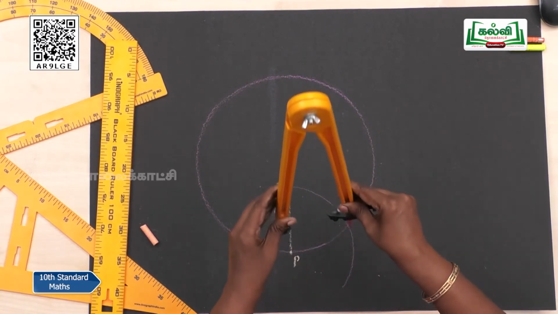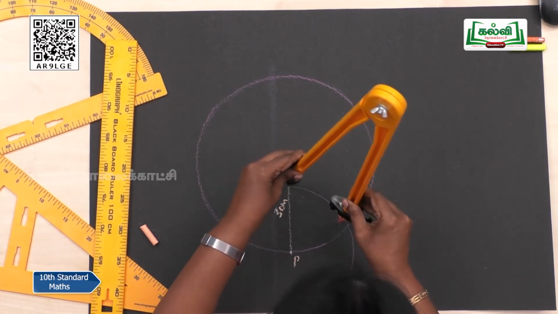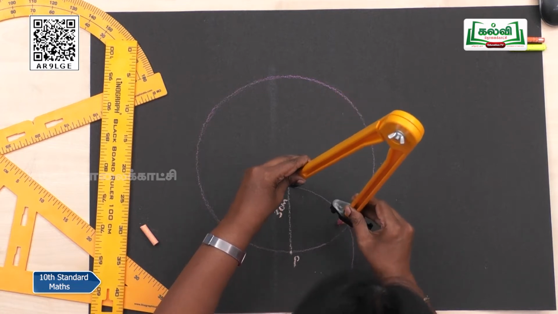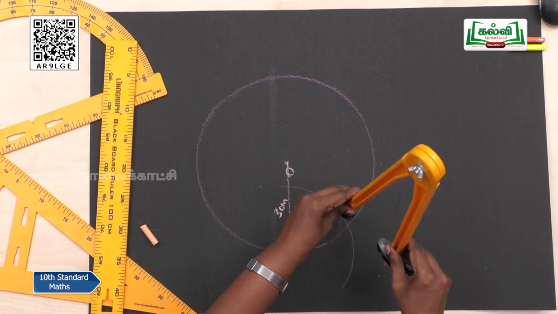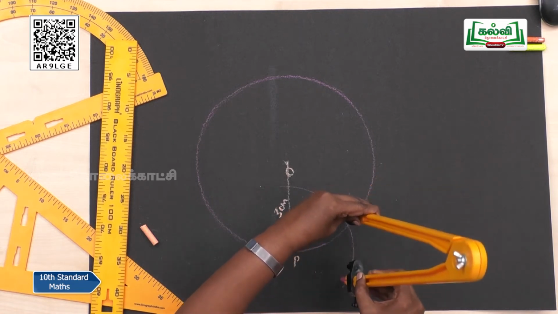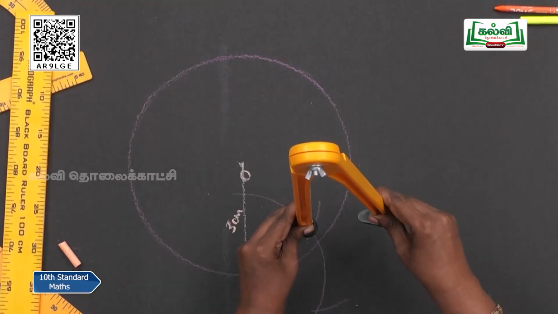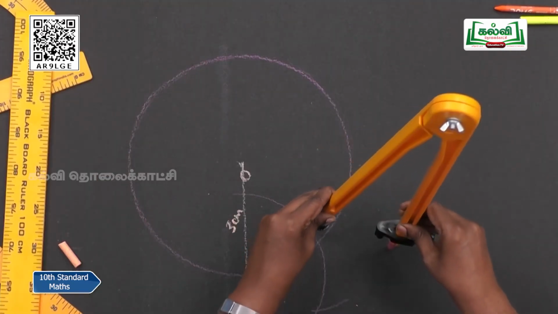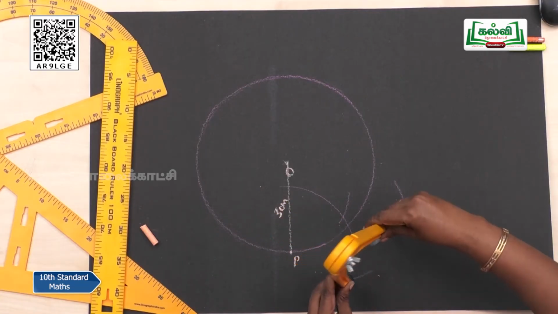Now, you do not change the measurement, keep the compass at this point and draw an arc. And one more arc you are going to draw with this as the center. Now, next is with this center, you can draw one arc and with this as a center, draw another arc.